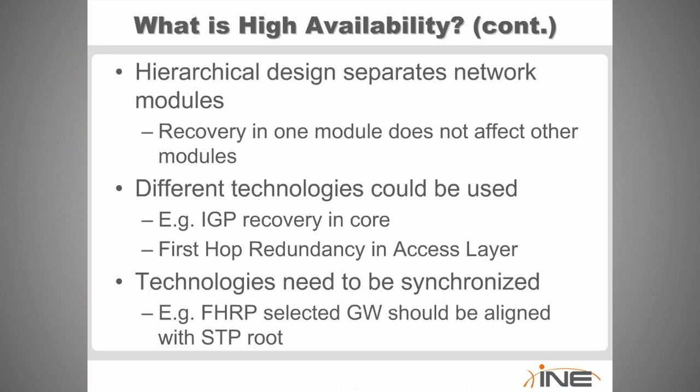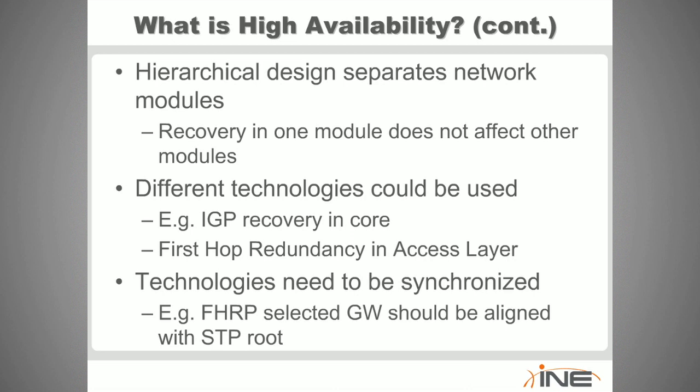Now, there's a bunch of different technologies we can use to accomplish this redundancy, like the layer 1 stuff, like I mentioned, redundant power supplies. But from a technology point of view, design and implementation, there are going to be things like IGP in the core. So for layer 3 routing, we'll talk about this more when we get into the routing exam and how we can add high availability and low convergence to the layer 3 routing protocols.